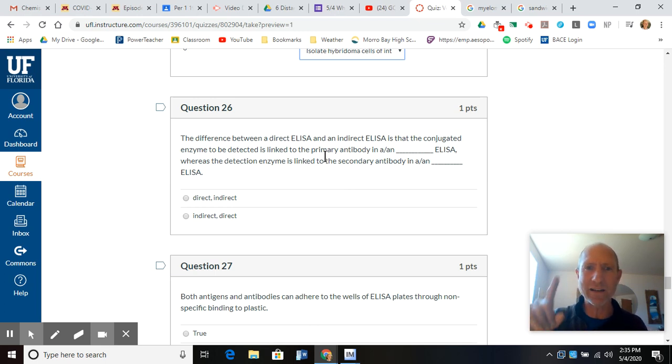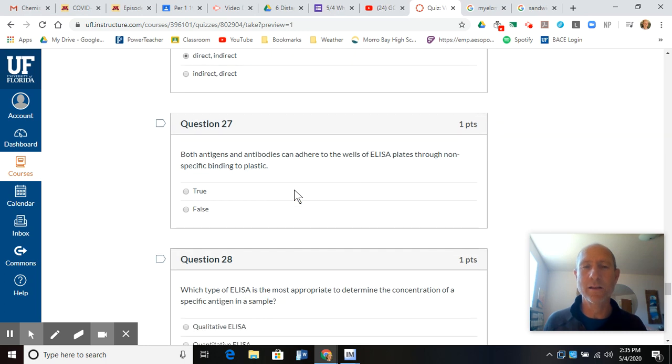What's primary mean? First. And they're talking about indirect and secondary. And what's secondary mean? Second. So surely the primary antibody must be associated with direct ELISA, and the secondary antibody must be associated with indirect ELISA. Test taking skills.